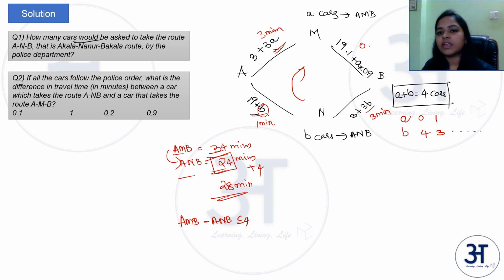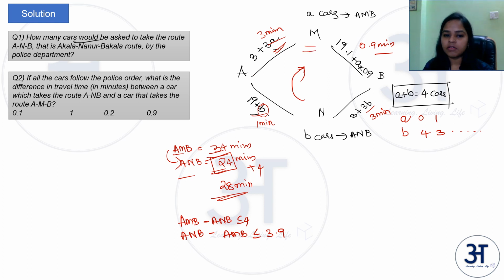Here it is 0.9 minutes. So 3.9 minutes extra it will take over what it was previously. So if the difference is less than or equal to 3.9 minutes, then this advantage is taken of shifting the route.